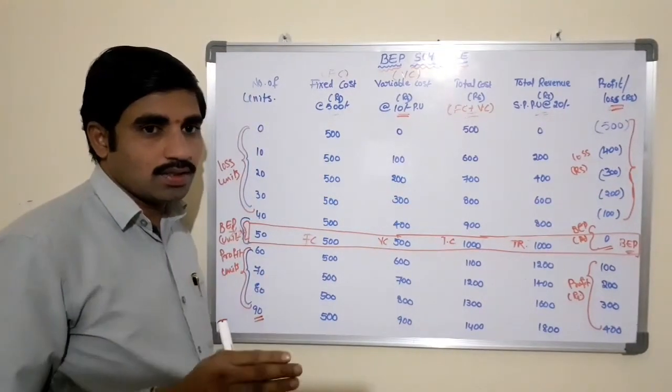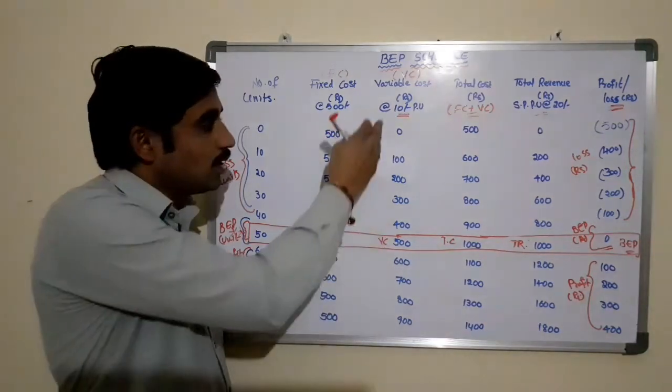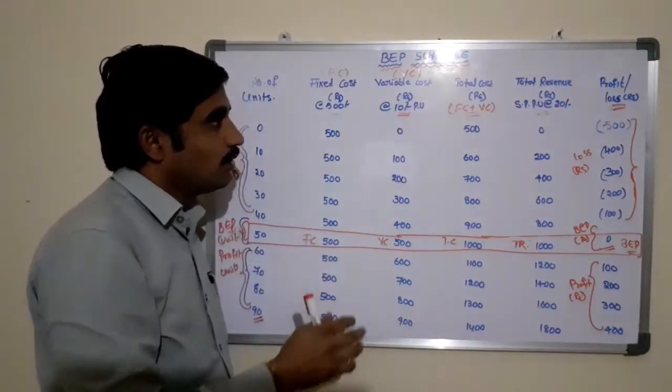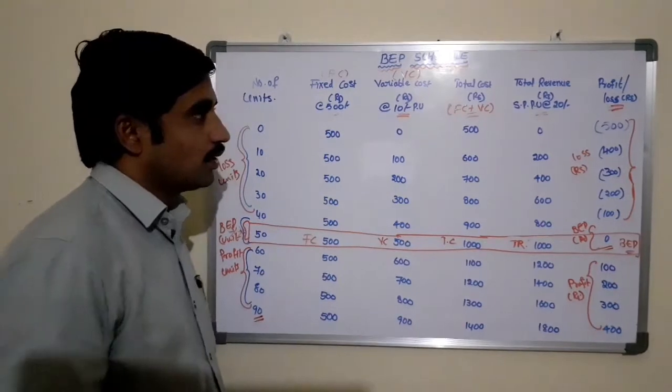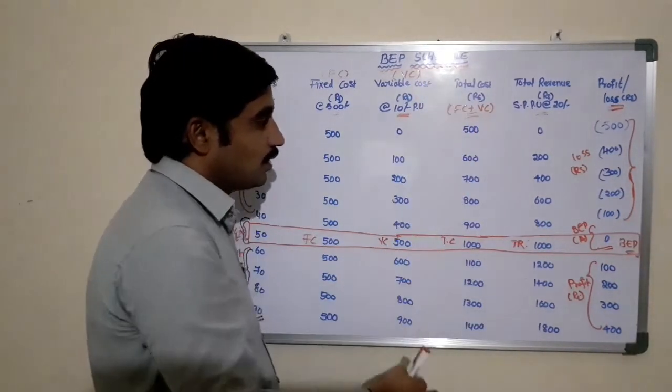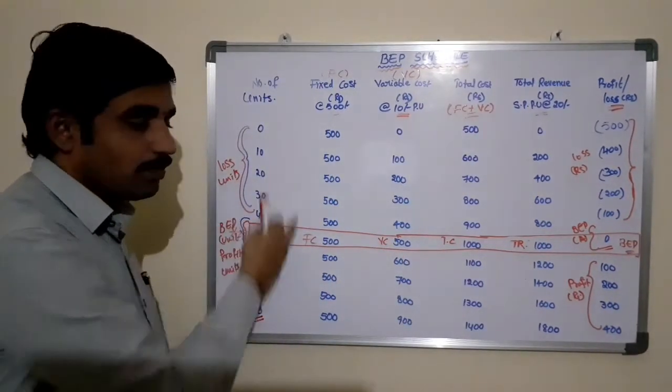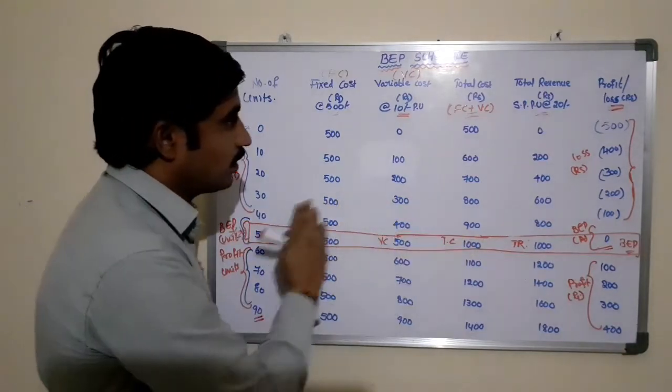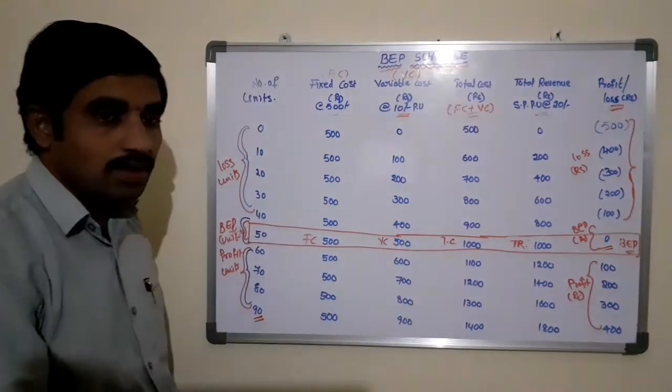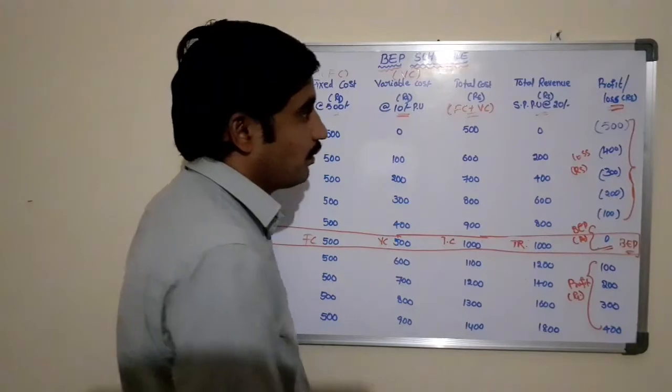There are no changes at any level of production in the variable cost per unit. The total cost of production changes according to the level of production. There is a positive relationship between the total cost and the number of units produced and sold in the market.